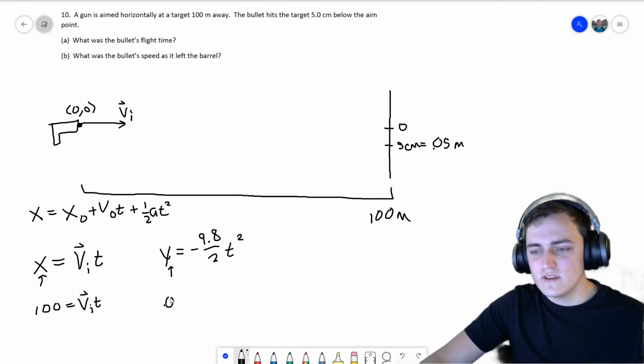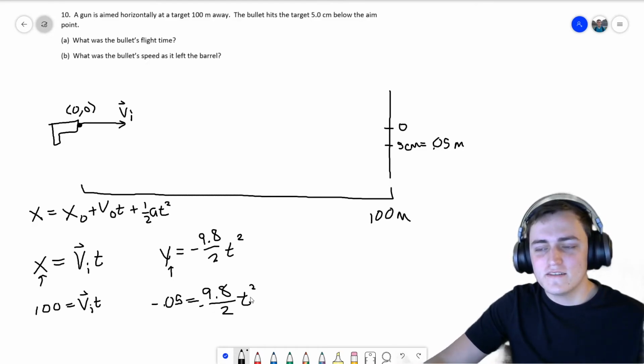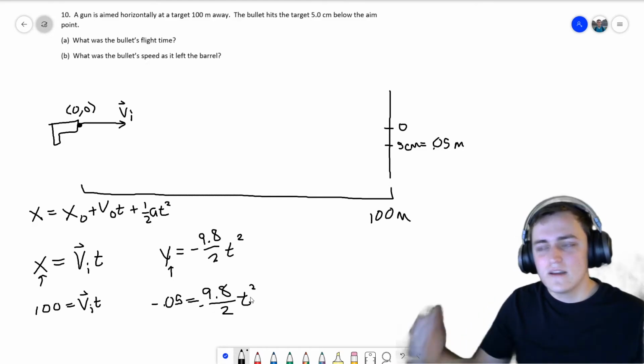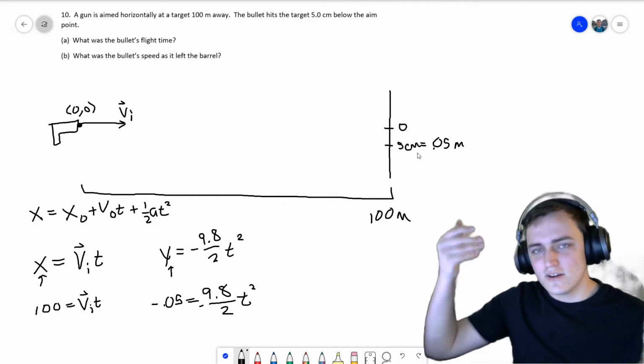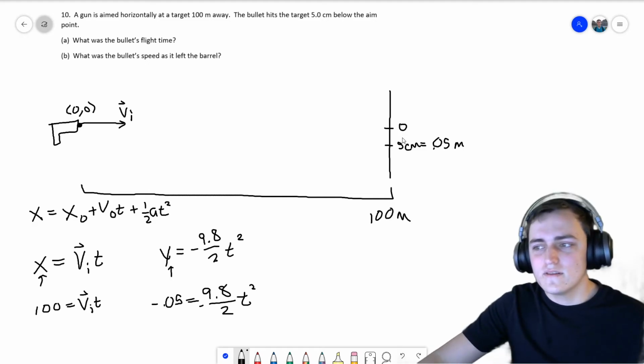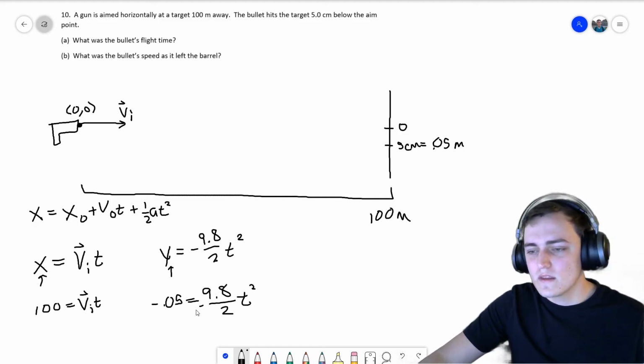And then we have negative 0.05 equals negative 9.8 over 2 times t squared. If that 0.05 was not negative, we would end up with a negative in the square root, and that's not going to work out. We have to make sure that if our acceleration is negative down, this displacement is negative down as well.